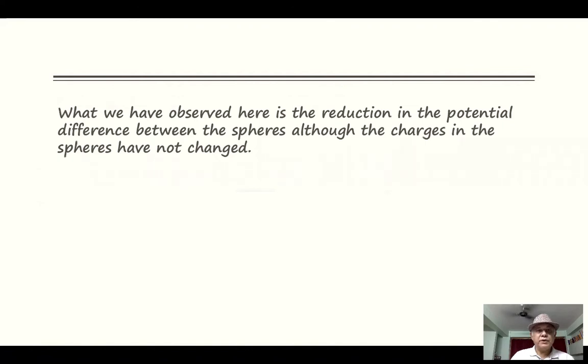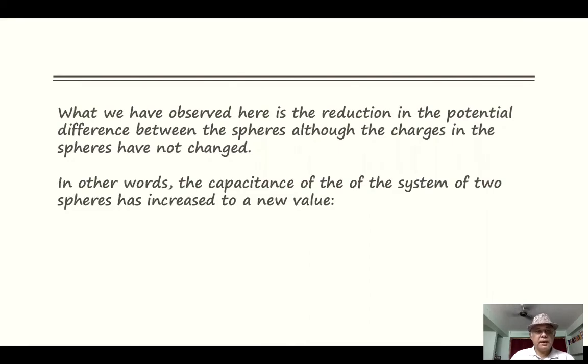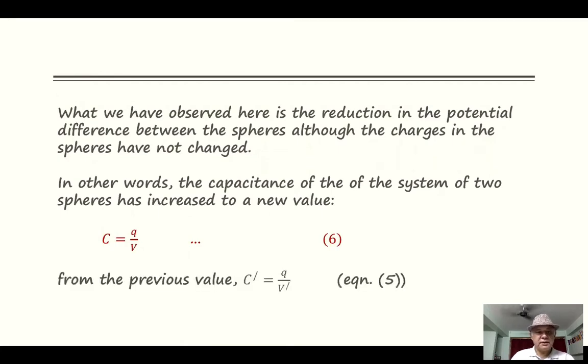What we have observed here is the reduction in the potential difference between the spheres, although the charges in the spheres have not changed. In other words, the capacitance of the system of two spheres has increased to a new value, C equal to Q by V. It is equation 6. From the previous value, C dash equal to Q by V dash, which was given by equation 5.